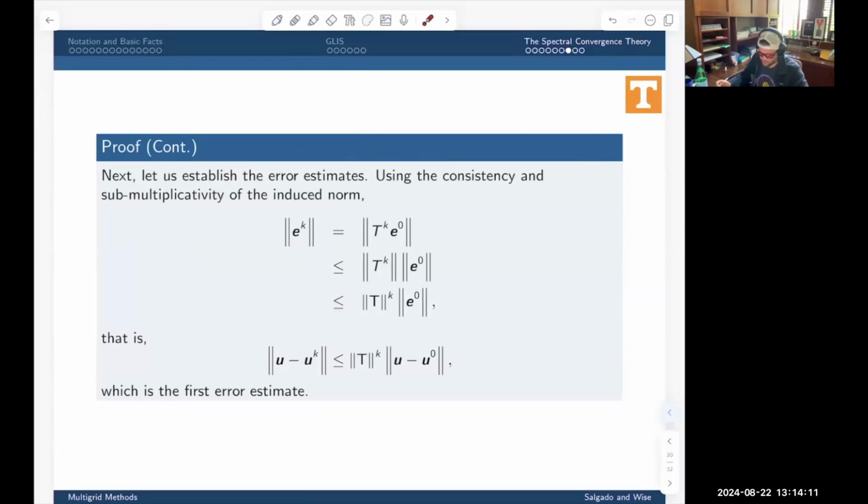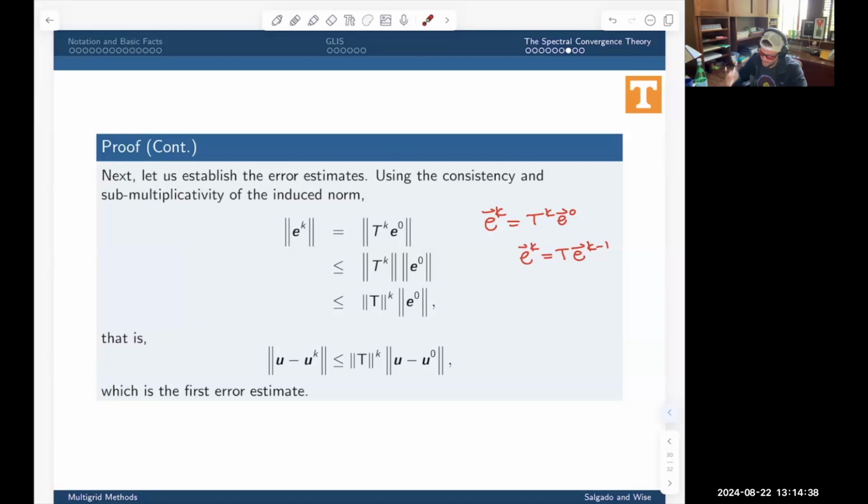The first one, remember, we have this kind of fundamental little equality. E_k is equal to T^k E_0. Very easy to prove. So if you don't see it right away, sit down with a little piece of paper. This goes from the general definition, which says that E_k is equal to T times E_{k-1}.